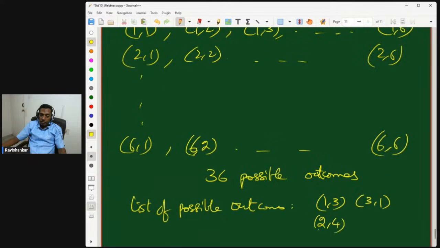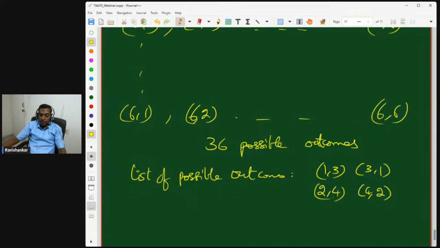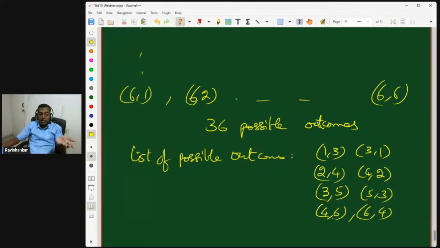Then 2, 4 and 4, 2. Okay. Then you can have 3 as the smaller number. Okay. So 3, 5 and 5, 3. If 4 is the smaller number, 4, 6 and 6, 4. See, anything else, 5 and 7 is not possible. 5 and 3 we have already accounted for.